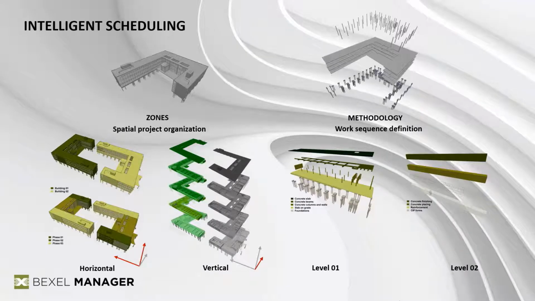So the main idea behind the intelligent scheduling engine is to automate creation of the schedule by defining methodology, or work sequence definition of works, based on the cost classification that was created in the project, and that the user defined spatial project organization or spatial works distribution based on the spatial parameters of the model.